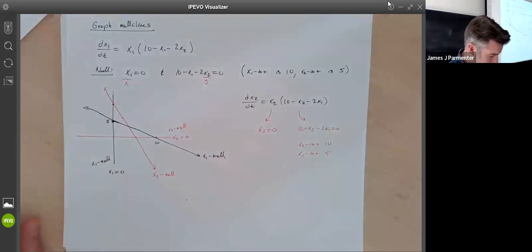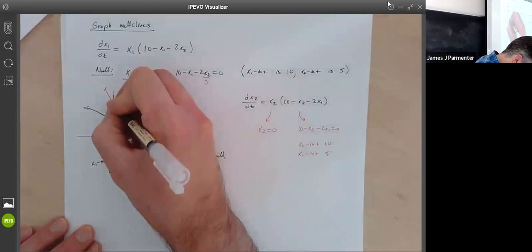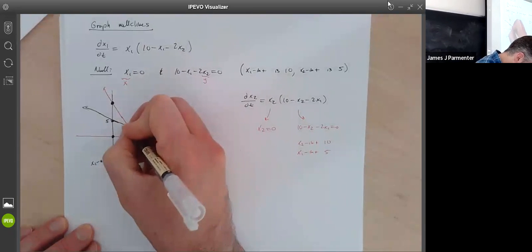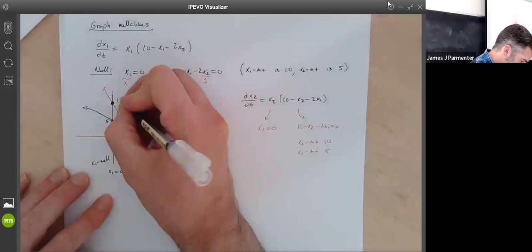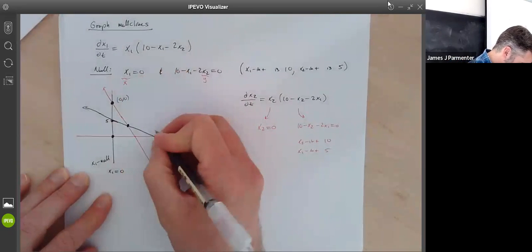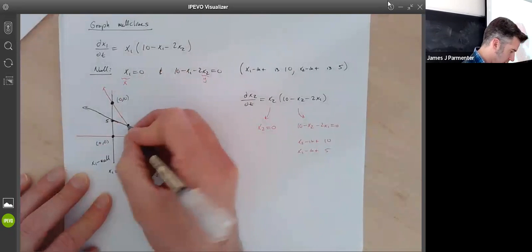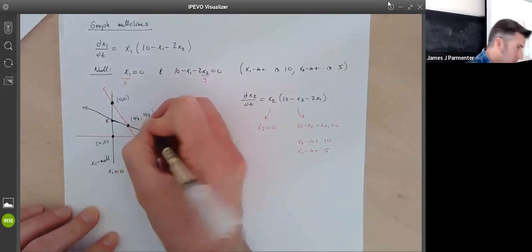Where they cross each other, which is here, here, here, and here, those are our 5 equilibria: (0, 10), (10, 0), (0, 0), and the somewhat hard to find (10/3, 10/3).